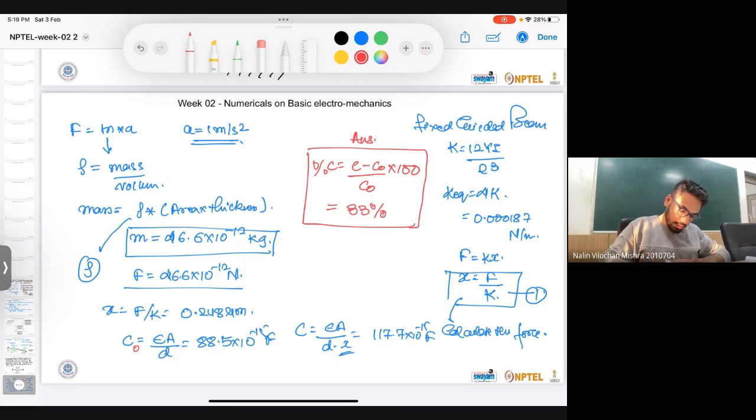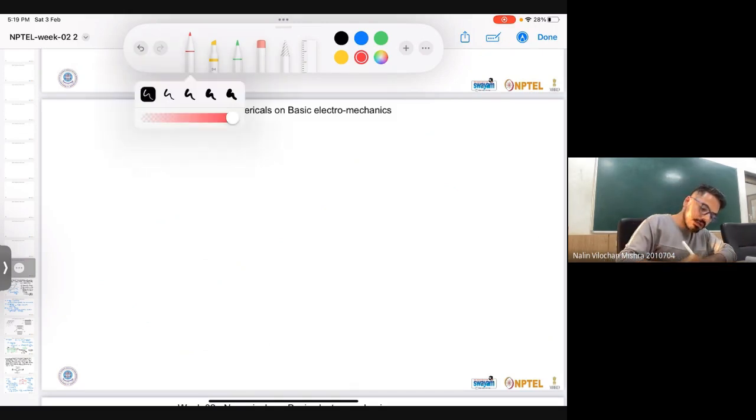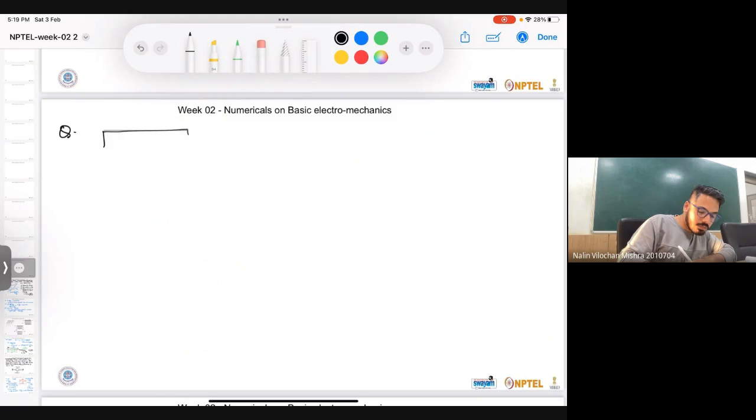So I think this is the last question for today. So there is this system. The length of this beam is given as 150 micrometer, and the separation between these is given as 2 micrometer.